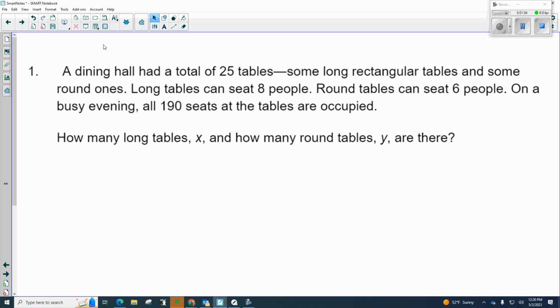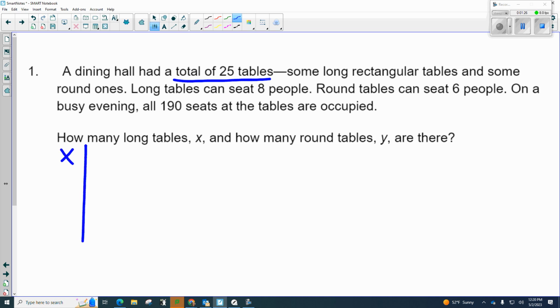Okay, so the two things that we do not know are the number of long tables and the number of round tables. So as you start to think about this problem, what I did was I started with one of the constraints. I know that there's a total of 25 tables.